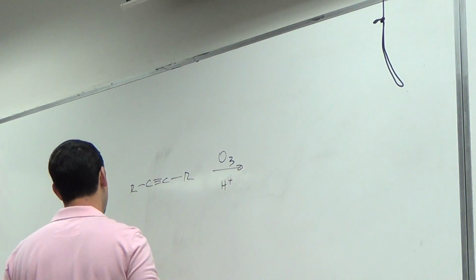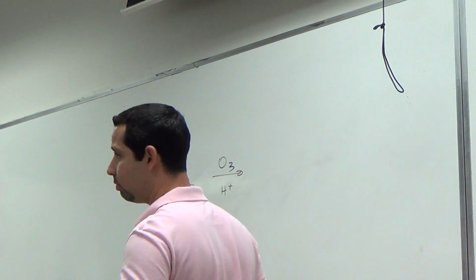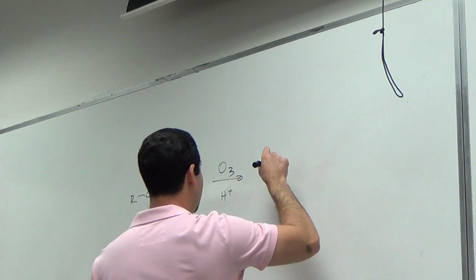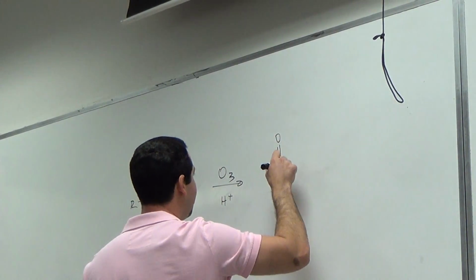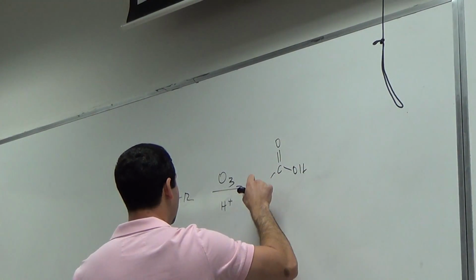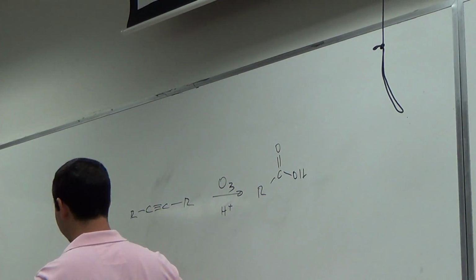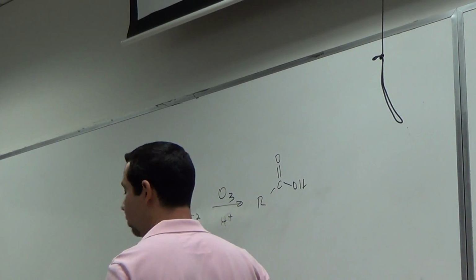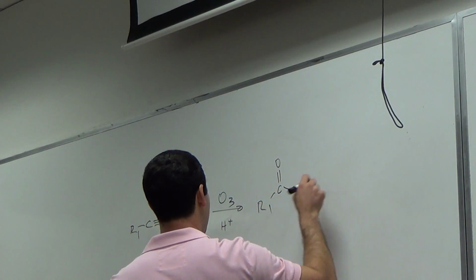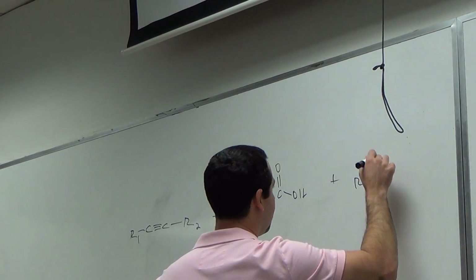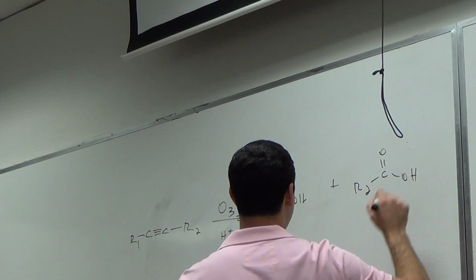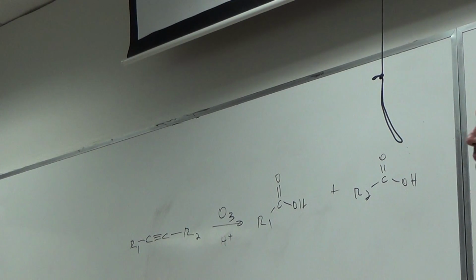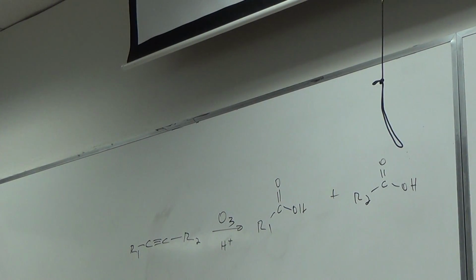All right. Ozonolysis, there's slightly different things for ozonolysis. What do you get from there? You get 2 carboxylic acids, yes? Let's say this is R1 and this is R2. You get R1 plus R2. So a way of making carboxylic acid is ozonolysis of a triple bond.